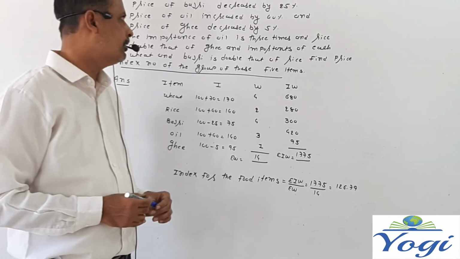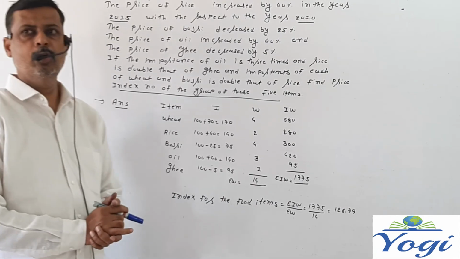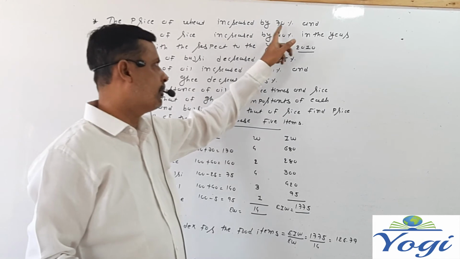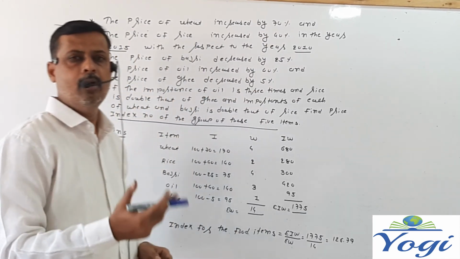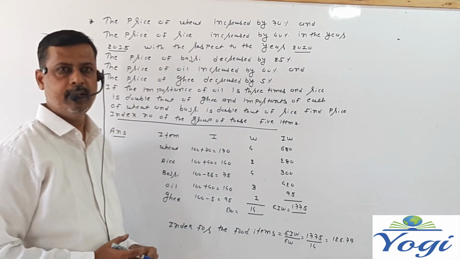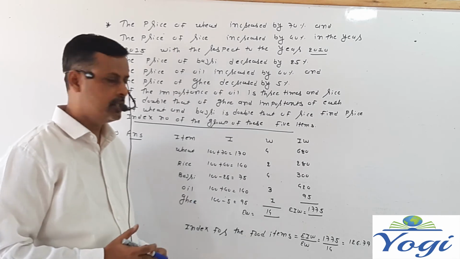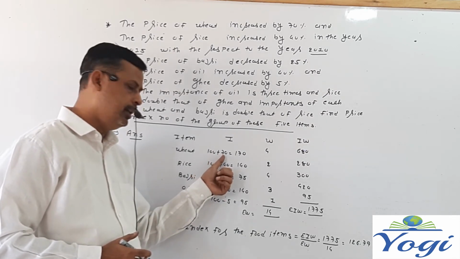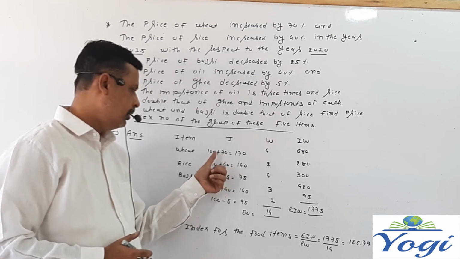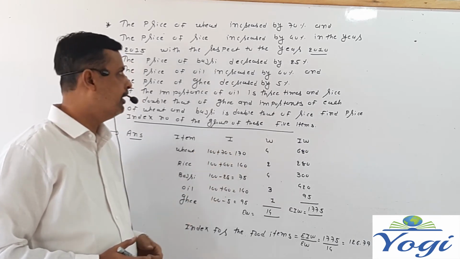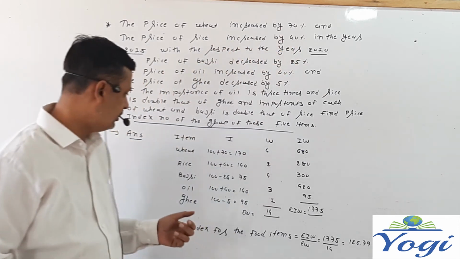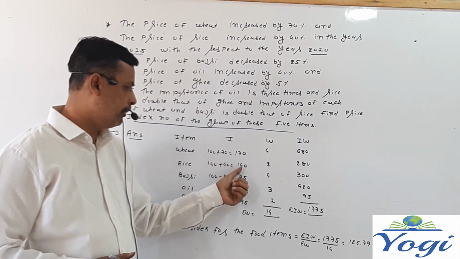Again I want to repeat. In the year 2015, the price of wheat increased by 70% compared to the base year 2010. Base year index is 100 and wheat increases 70%, so 100 plus 70 become 170. Price of rice increased by 40%, 100 plus 40 become 140.